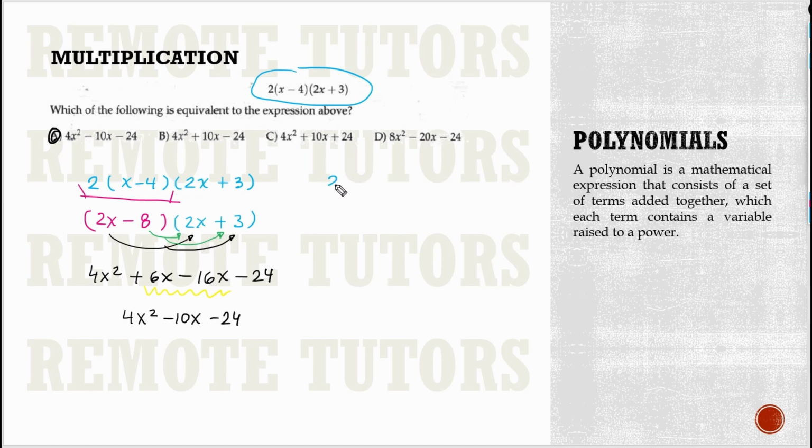Another way to solve this problem is the following. We will start by multiplying x minus 4 by 2x plus 3. That gives 2x squared plus 3x minus 8x minus 12.